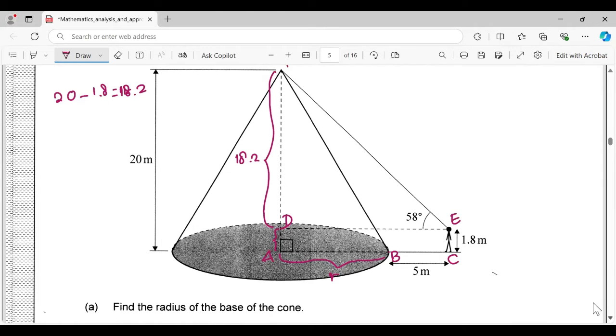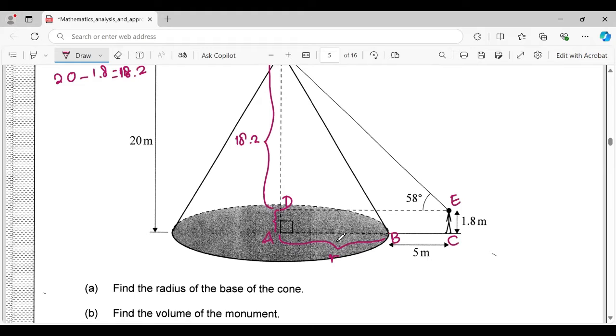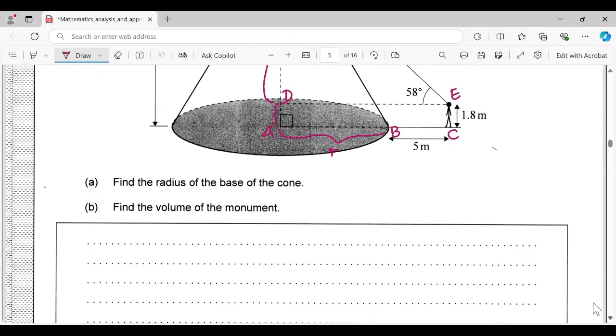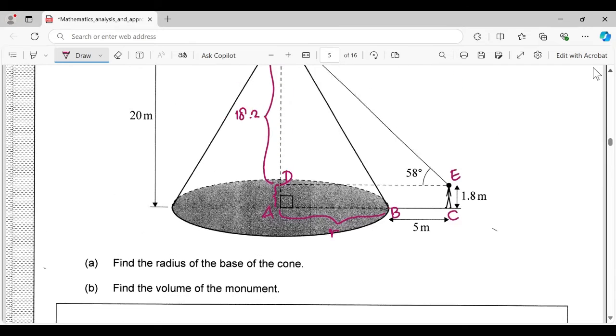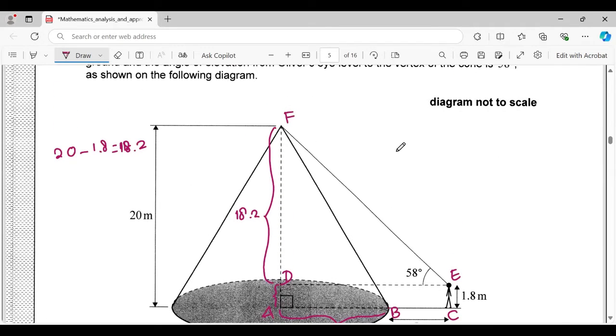So we are going to find AB, or R. I'm going to calculate tangent, because we are going to find DE first.